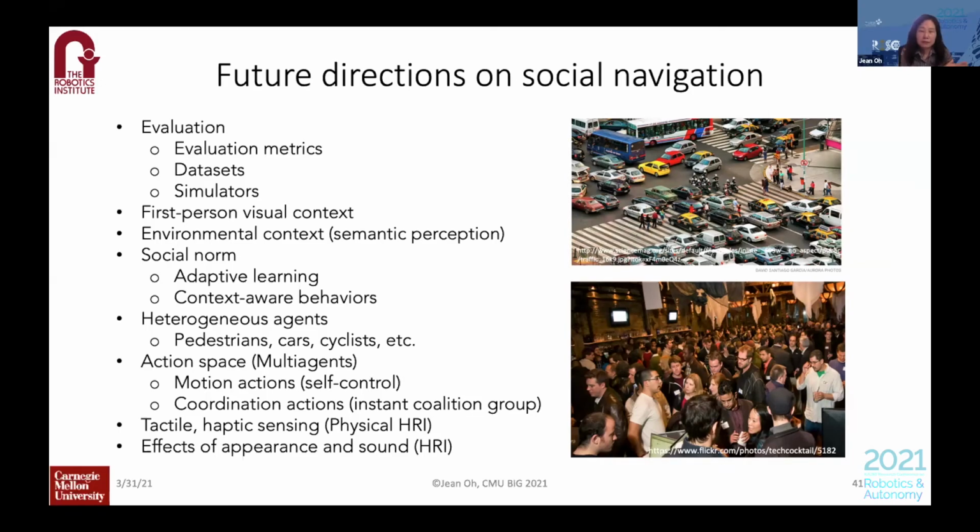So far, I only talked about the moving actions, like which direction to go and how fast the robot should go. But the other action space includes communication. So can the robot use conversation skill to ask other agents to take different actions?